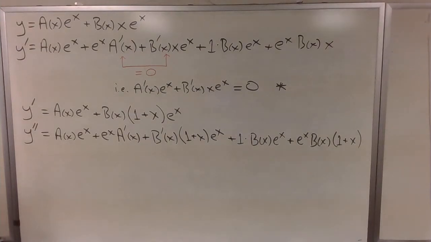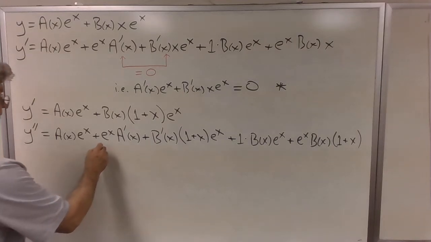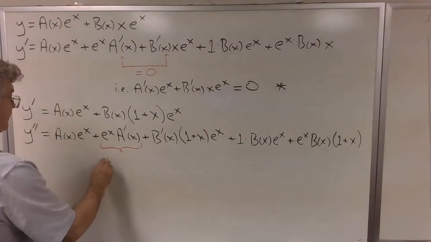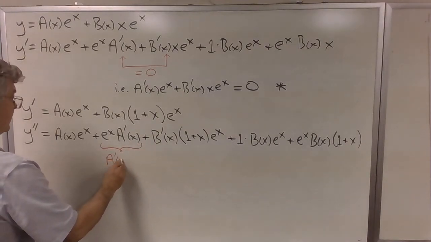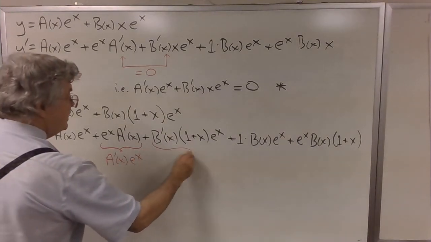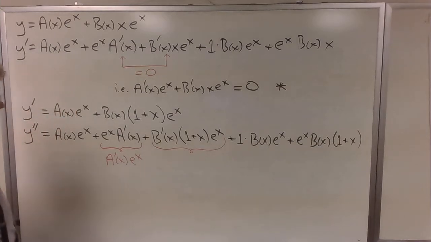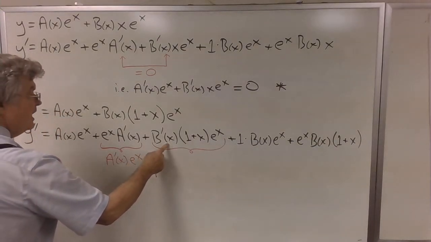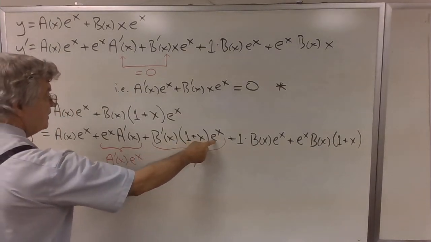Before I simplify it too much, note that we have here a prime of x e to the x, and here, let's see, we have b prime of x times 1 times e to the x.